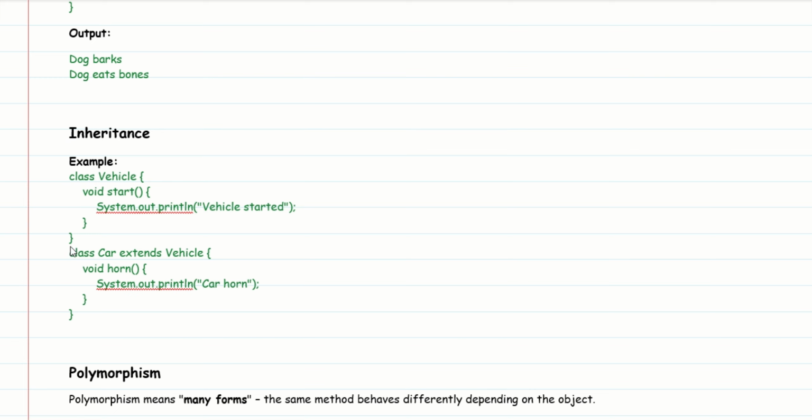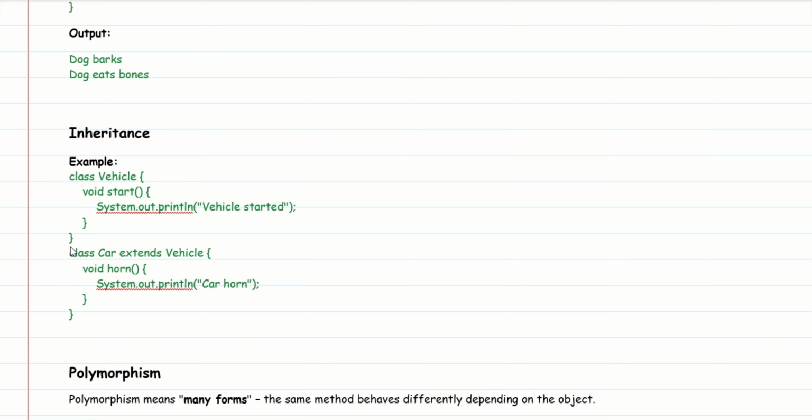Then I have another class which extends, or inherits, the parent class Vehicle, and it has a horn method which says "car horn". So whenever I create this object, we get the output "car horn" and "vehicle started" as well. So this is inheritance in Java.